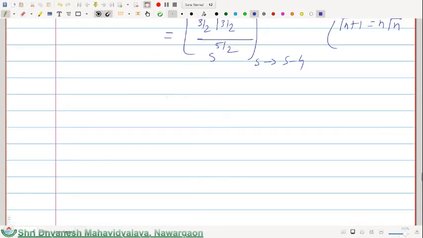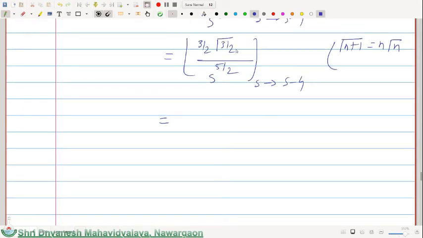So next step, gamma 3 by 2. Gamma 3 by 2 can be written as gamma 1 by 2 plus 1, from which we will get 1 by 2 gamma 1 by 2, and gamma 1 by 2 is under root of pi, upon s to the power 5 by 2. S will be replaced by s minus 4.